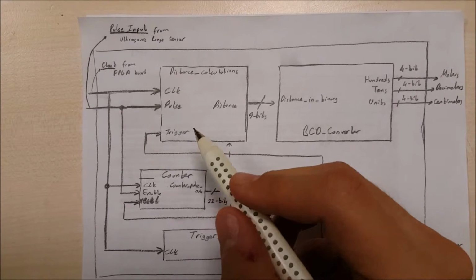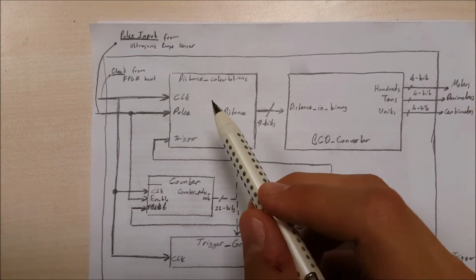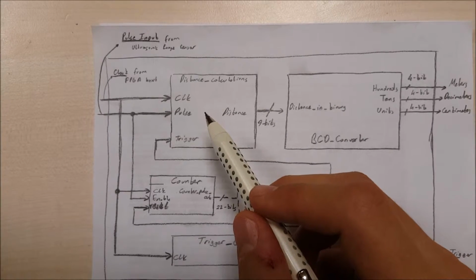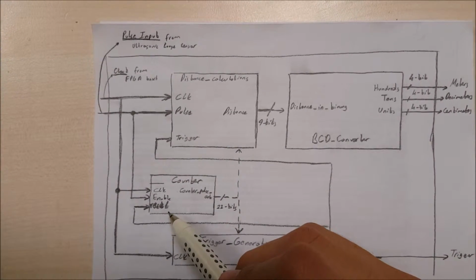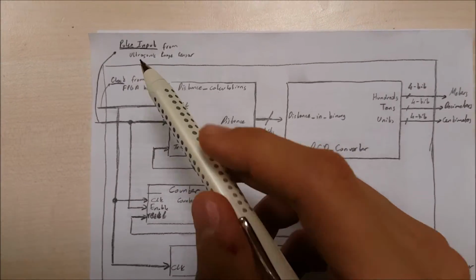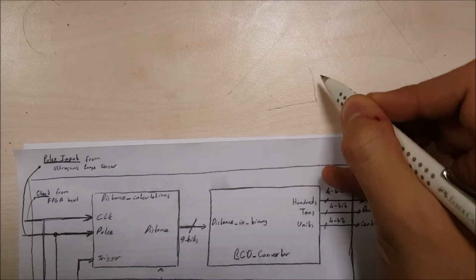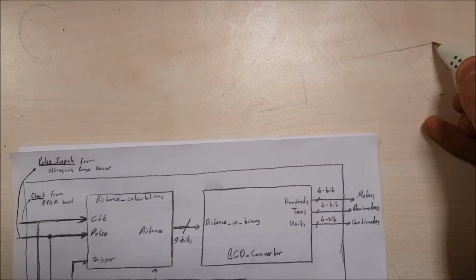However, the counter of the distance calculator module will be enabled when the pulse input is high. The pulse input is the echo input of the range sensor. It will be like that.